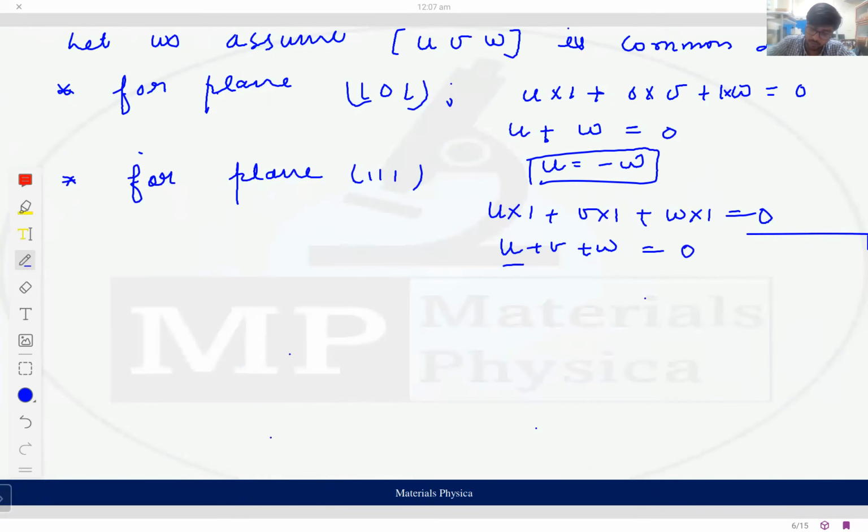And we know U plus W is equal to 0. It implies V is equal to 0.